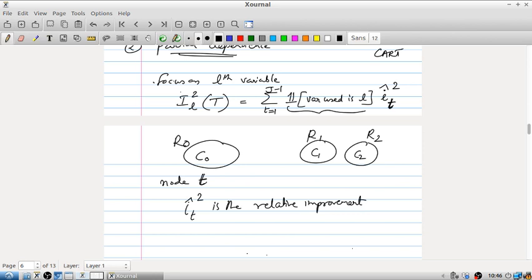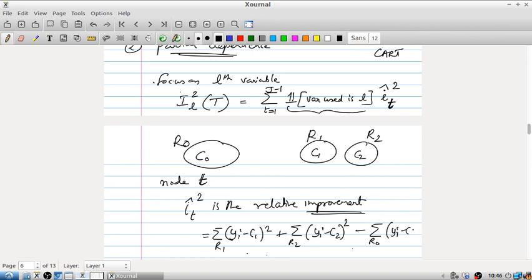And what does improvement mean? Just think of it as, when I split, I'll have a particular, for example, total squared error. Let me write it for squared loss. It would be the sum of yi minus c1 squared over region 1, plus the sum of yi minus c2 squared over region 2, minus the sum of yi minus c0 squared over region 0.